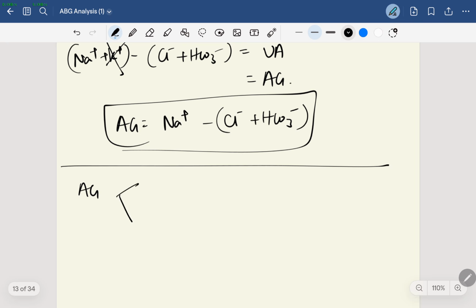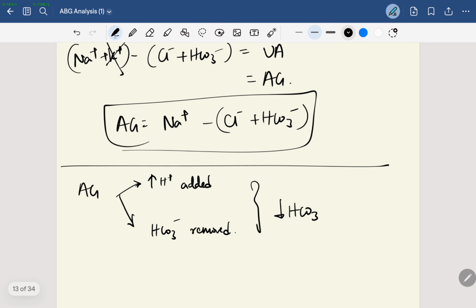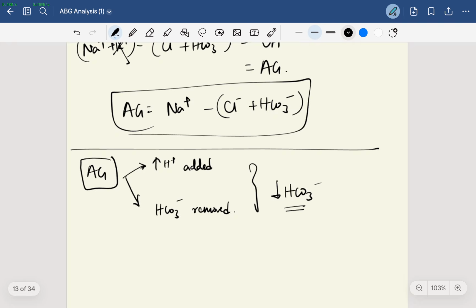So basically, it differentiates the causes into whether there was excess acid that was added to the system or whether it was bicarb that was removed from the system. Since ultimately both of these result in reduced bicarb, you can't tell them apart just based on bicarb. You need anion gap to help you differentiate these causes.